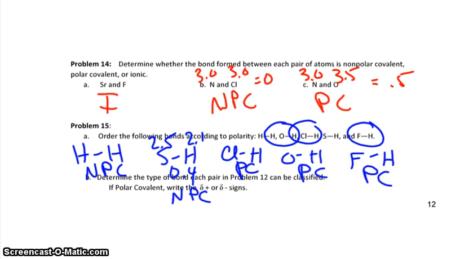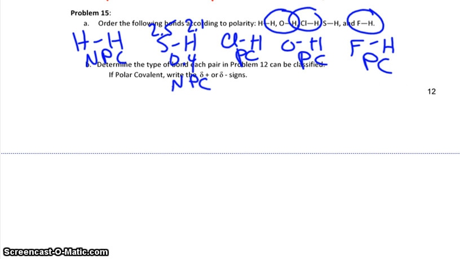It said if it is polar covalent, which those last three are, please write your delta signs. So let's go ahead here. Let me extend the page. And so let's look at the ClH bond first. Well, which one loves electrons more, chlorine or hydrogen? Hopefully you know what chlorine is. It's one of the big four. So if it loves it more, the electrons are going to be drawn closer to it.